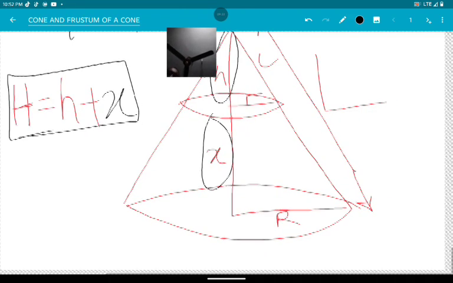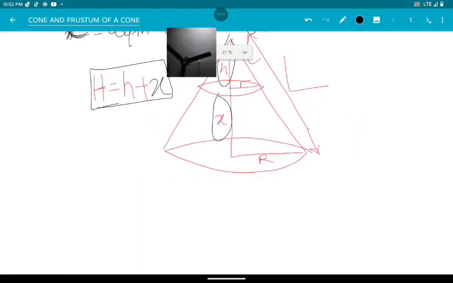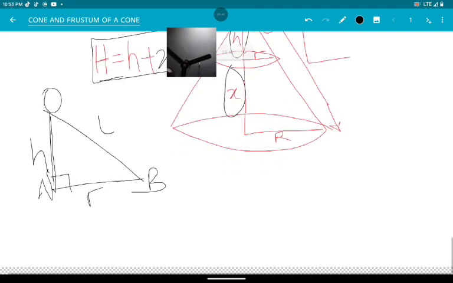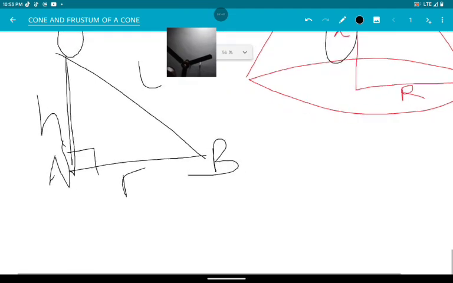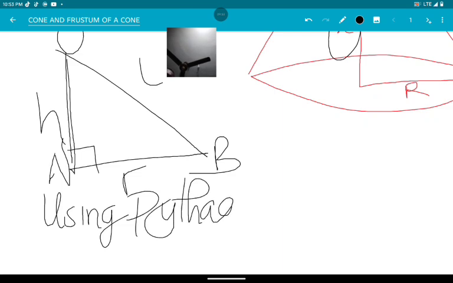All right, so let's start developing the formula for them now. If I remove the smaller triangle, let's see what we are going to have. We're going to have something like this: small l, big R, small h. I think that triangle is triangle OAB. It's a right angle triangle, and I can relate it together by using Pythagoras theorem, because you're going to make use of all these things to calculate a problem.